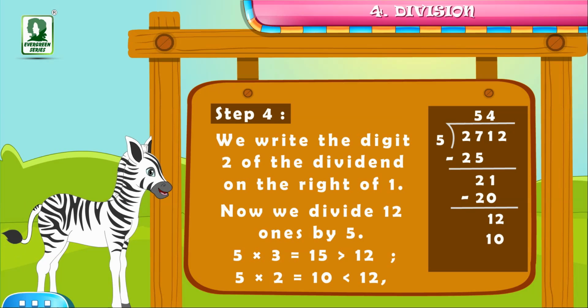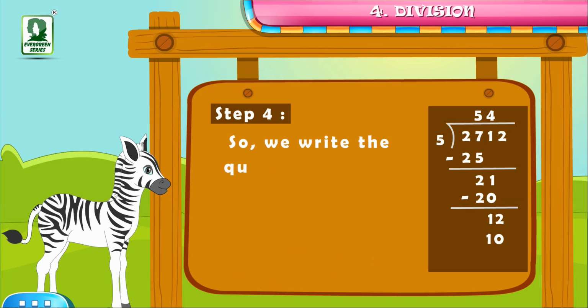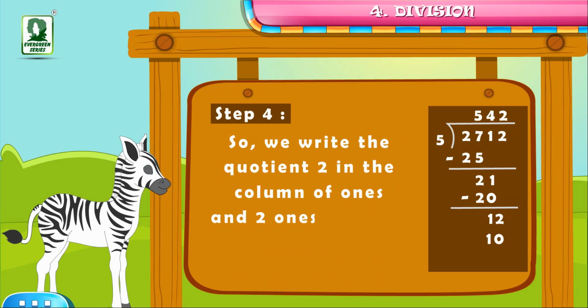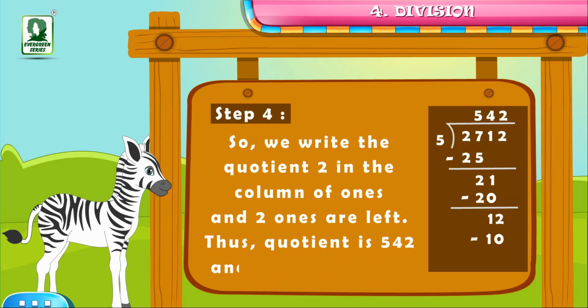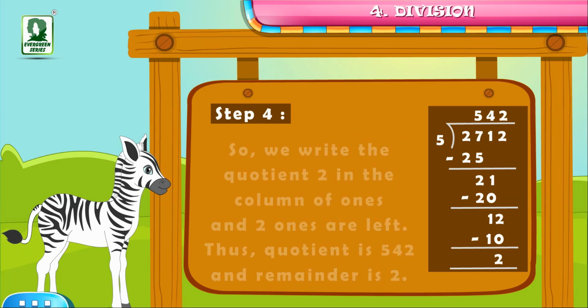We will write 10 below 12 and write the quotient 2 in the column of ones, and 2 ones are left. Thus, the quotient is 542 and the remainder is 2.